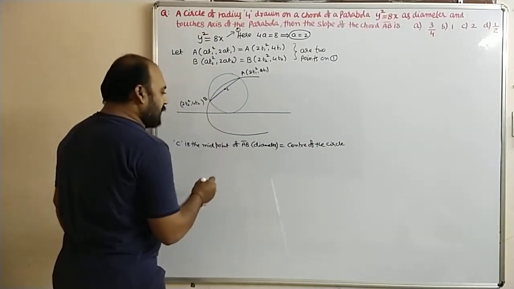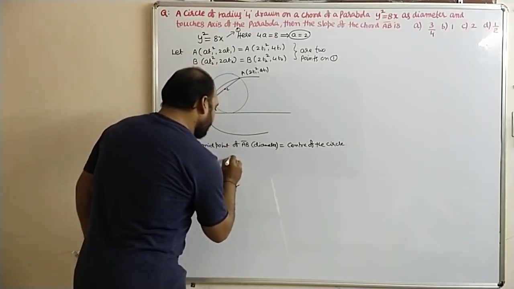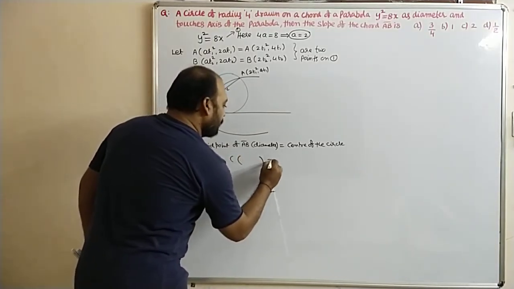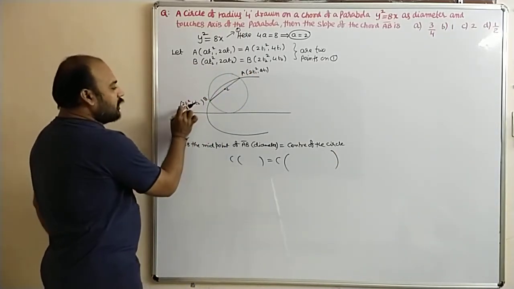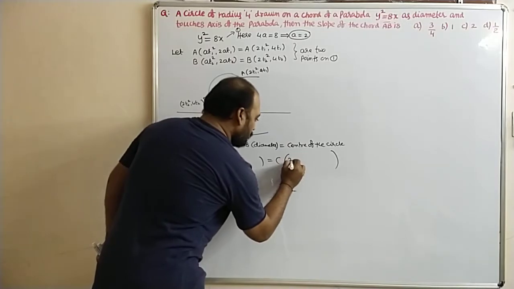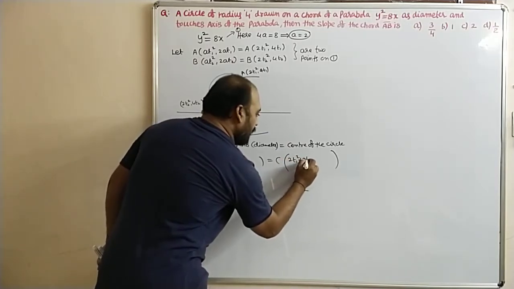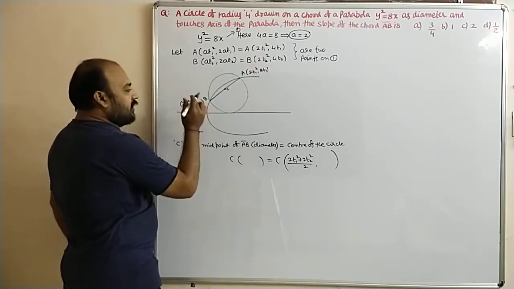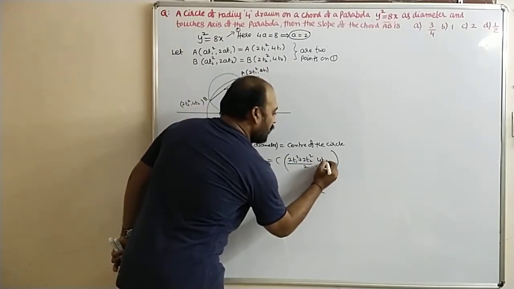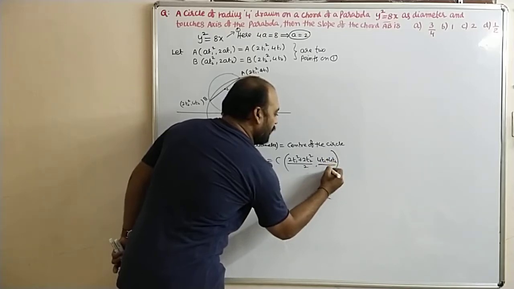So I am writing the coordinates of C here. Midpoint of 2t1 square plus 2t2 square by 2, comma 4t1 plus 4t2 divided by 2.